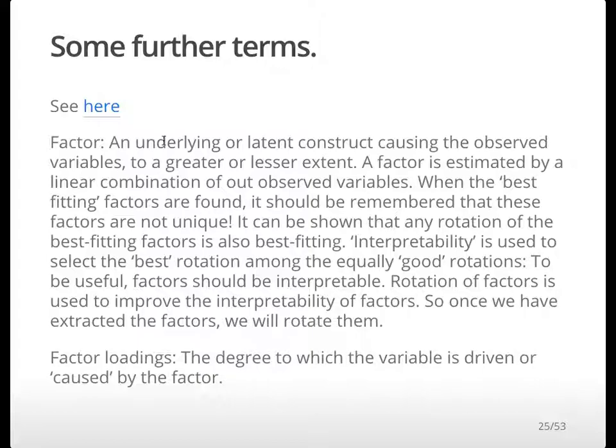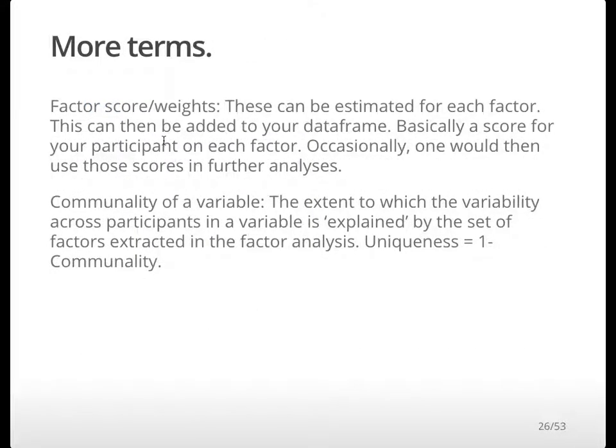There's also factor loadings. This is the degree to which an item contributes to that factor, so the degree to which a question on openness contributes to that score of openness. Conversely, you could say to which degree the openness is driven by that single response on that item.